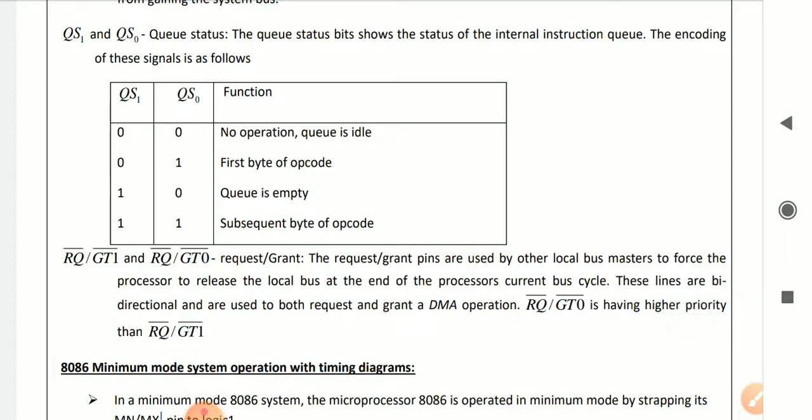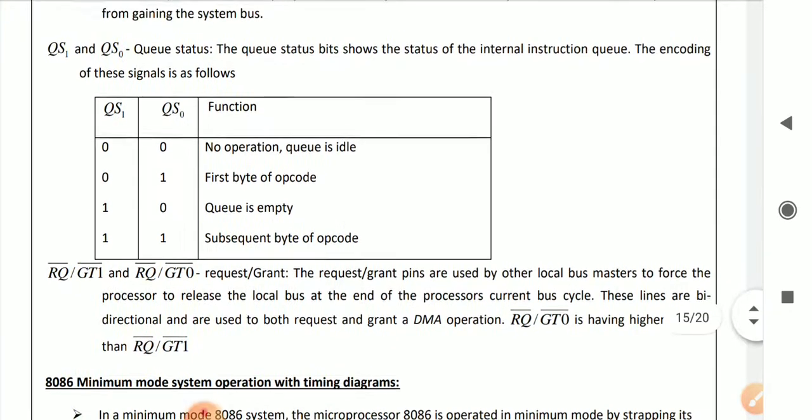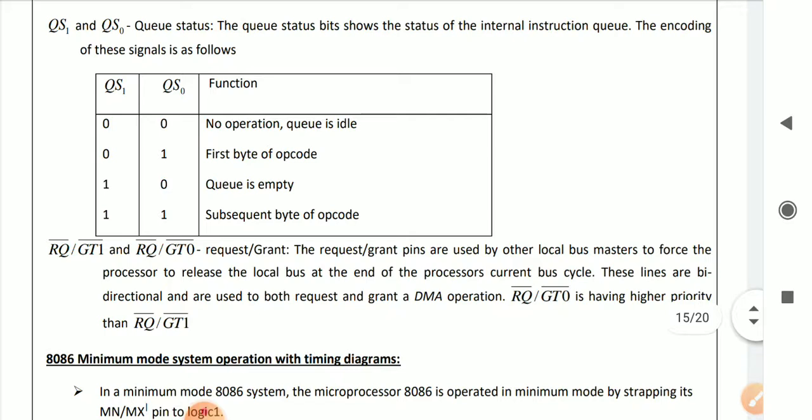Other pins for maximum mode operation are the request and grant pins. There are 2 request and grant pins, RQ bar GT1 bar and RQ bar GT0 bar. The request grant pins are used by another local bus master to force the processor to release the local bus at the end of the processor's current bus cycle.